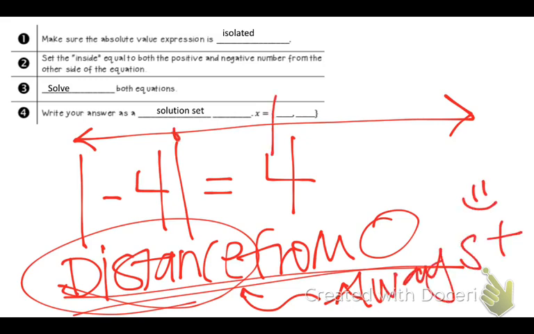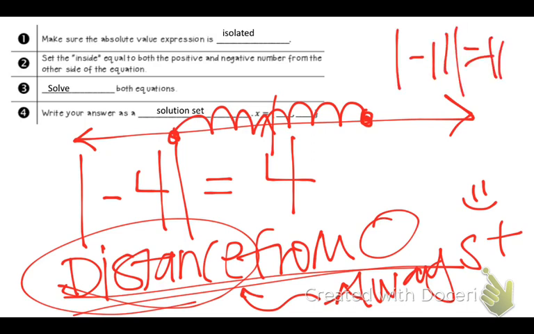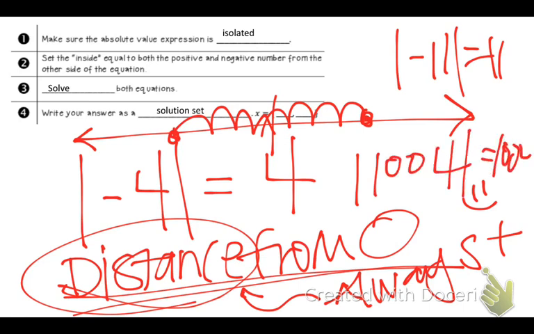So -4 is 4 away from 0. +4 is also 4 away from 0. So the absolute value of -11 would be 11. The absolute value of 1004 would be 1004. Okay, so absolute values just have to pop out the positives.